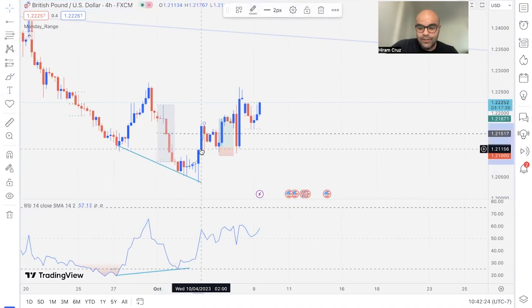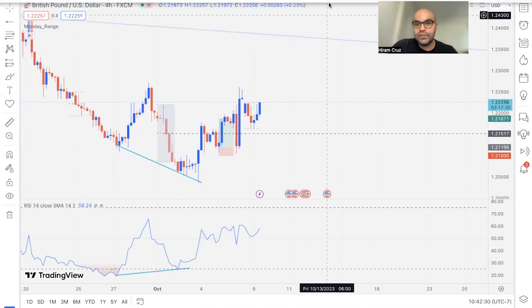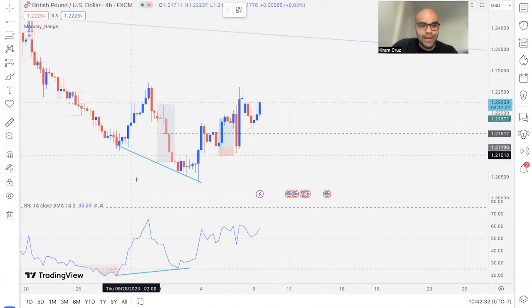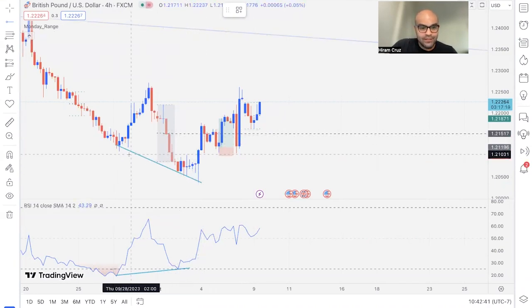So once we saw that it broke inside of Monday, now we wait for our turn to get into the buy. We have bullish divergence, and we have the market breaking above that 50%.